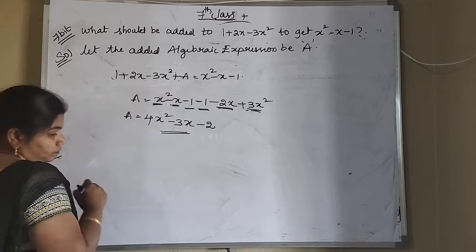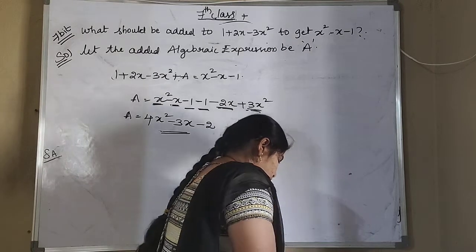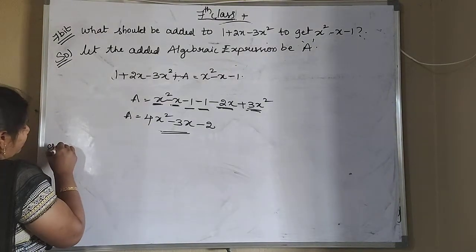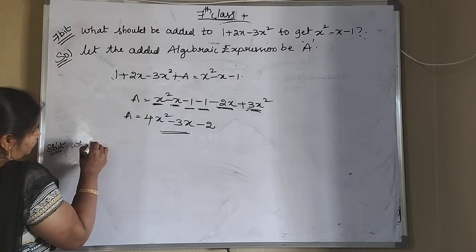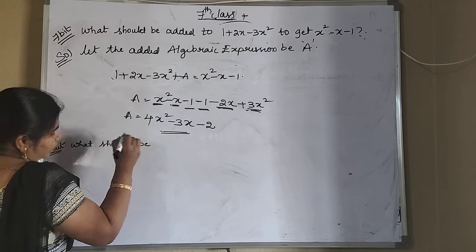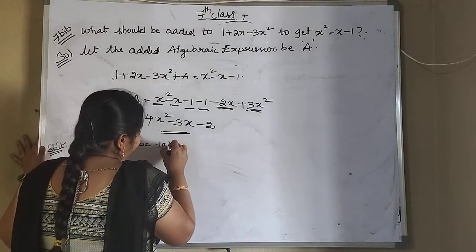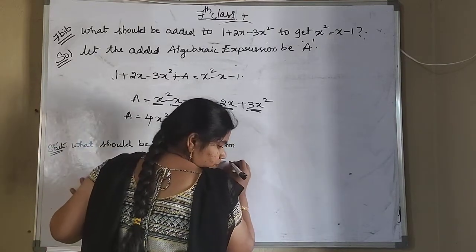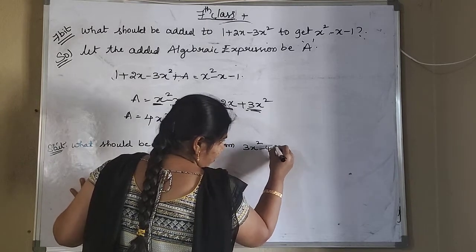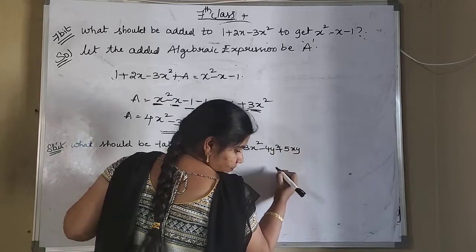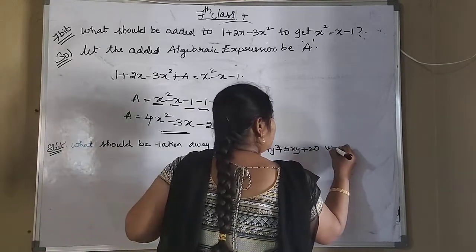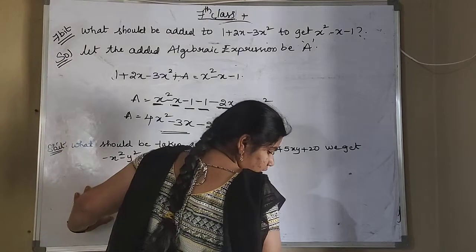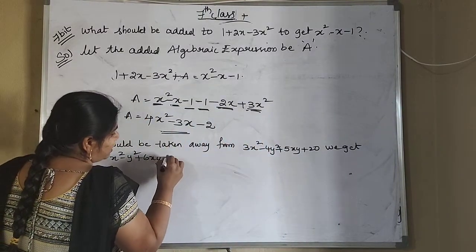Next, 8th one. Now, what should be taken away from 3x square minus 4y square plus 5xy plus 20 to get the result as minus x square minus y square plus 6xy plus 20.